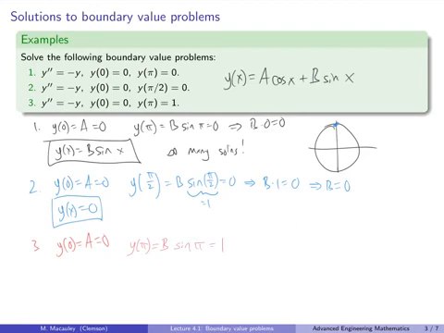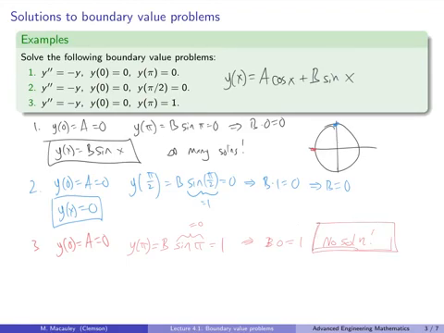Now where is sine of pi? That sine of pi is the y value here, and that's equal to 0. So we get that b times 0 equals 1, and so there is no solution. So here there is no solution.